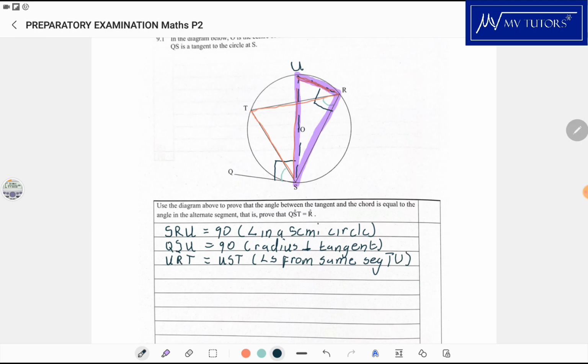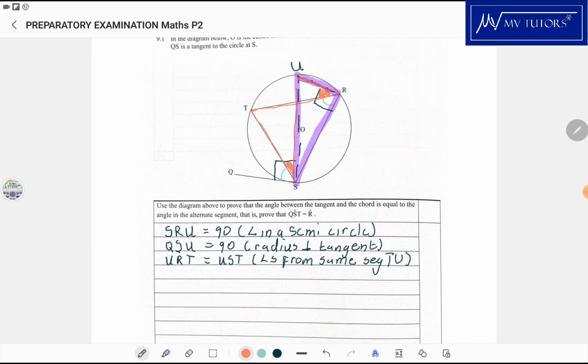Okay, so if those are equal, therefore, because now I've identified that this angle right here, I want it in red, is equal to that angle right there, which means these other two angles must be equal, because if you subtract the red angle from 90, they will give you the same answer as shown here.